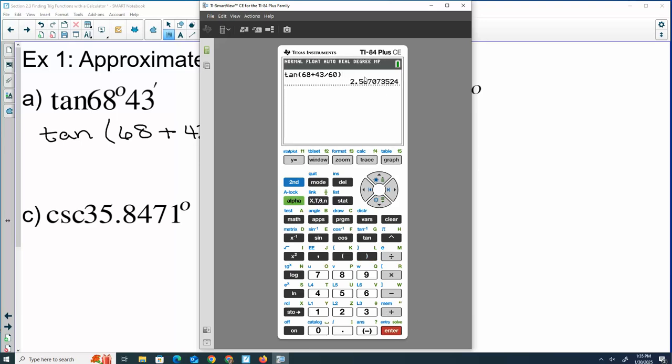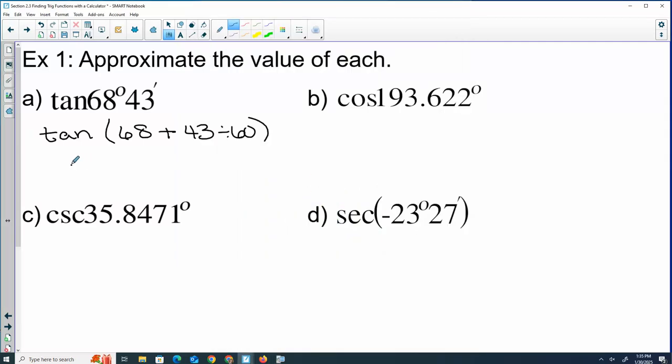And if I type that, I get a value of 2.5671. Okay, that is not degrees because we weren't finding an angle. That's just what the ratio of tangent is equal to. If you took that angle and you did opposite divided by adjacent, you would get that number.